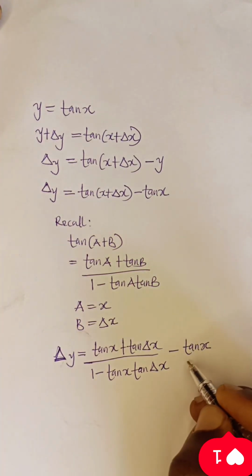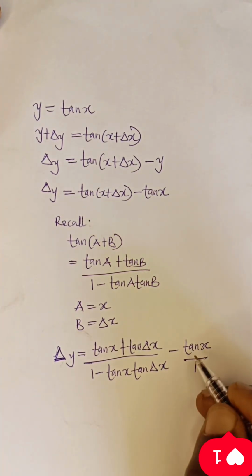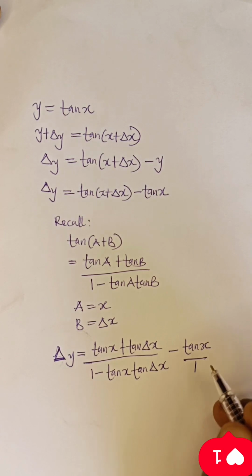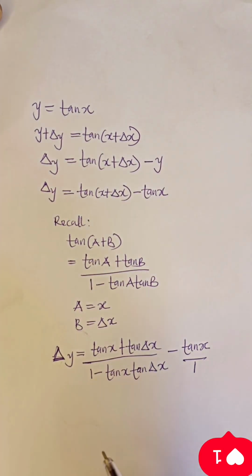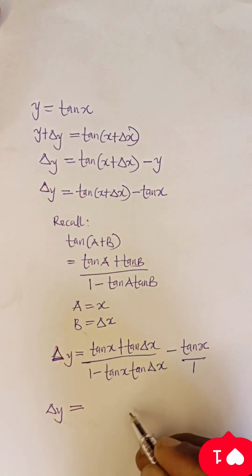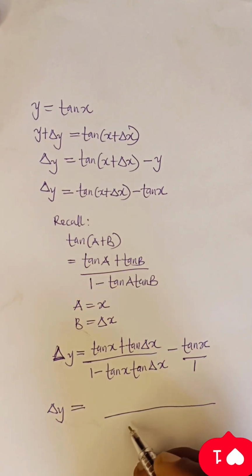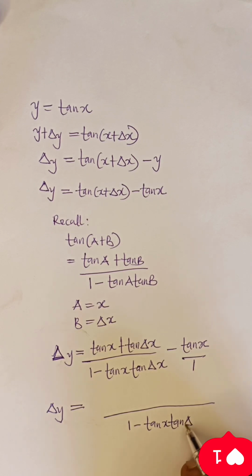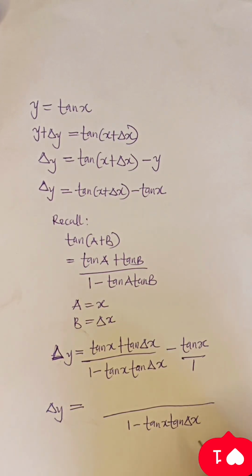So we can put 1 under this tan x. It doesn't change the value; tan x over 1 is still tan x. So we find the LCM. We have change in y is equal to, with the same denominator 1 minus tan x tan change in x, times 1, which is the LCM.